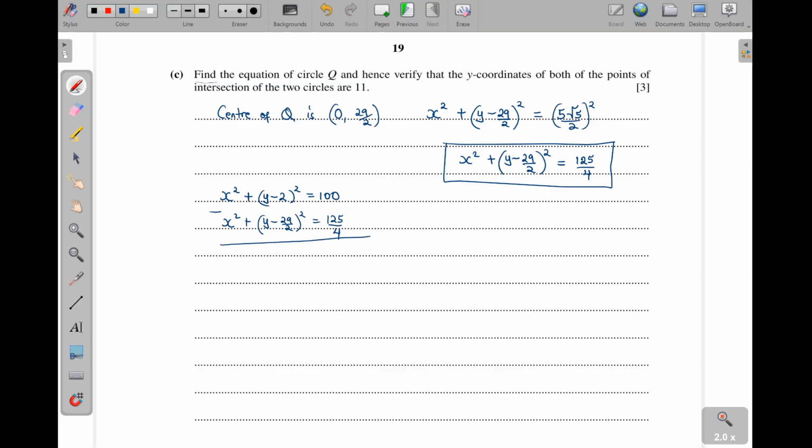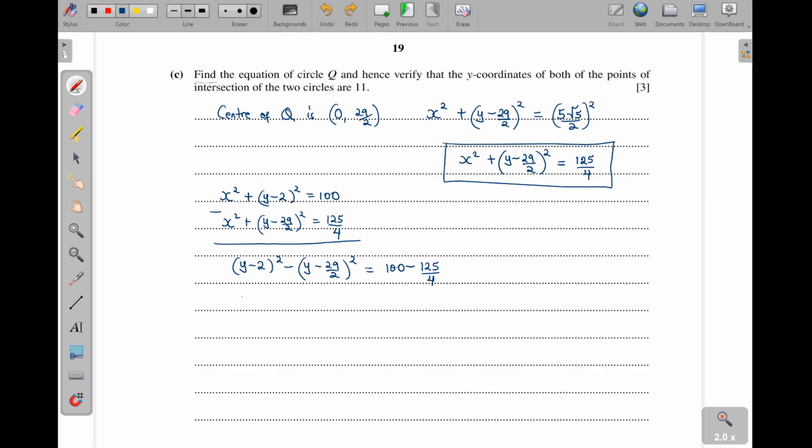Then from there, I come to this: (y - 2)² - (y - 29/2)² = 100 - 125/4.